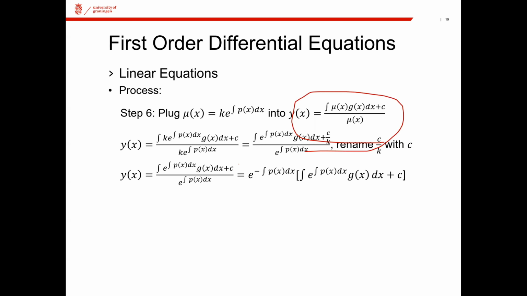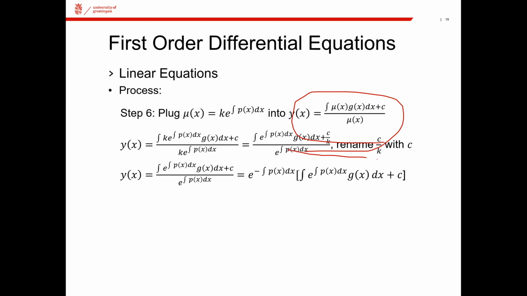And then after the calculation, we have the solution of y. It looks a bit complicated, but if you just calculate it by yourself, I think it is easy to remember. And if you remember the formula here, you can solve this type of differential equation very quickly.